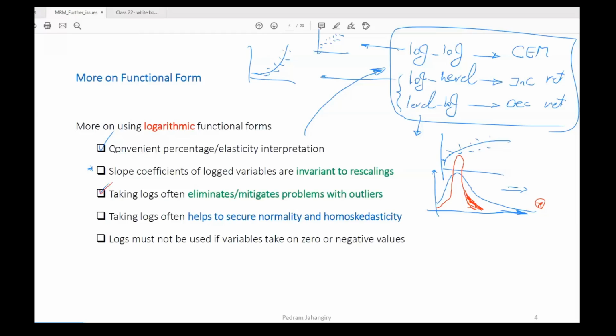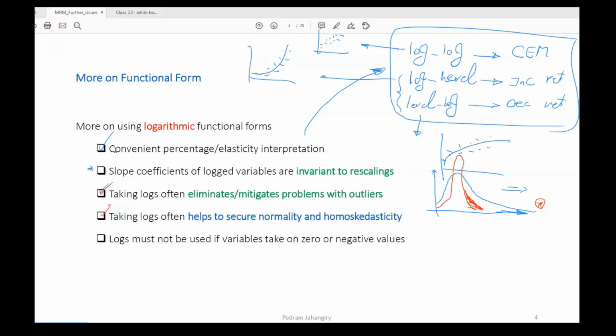Then the fourth one: taking log often helps to secure normality and homoscedasticity. Again, this is a very useful transformation, and we do this trick for variables in economics and finance that deal with large numbers, right? So for instance, millions of dollars for income, sales, things like that. So it's a good idea to do a log transformation, and it helps to have a normal distribution for our wage.